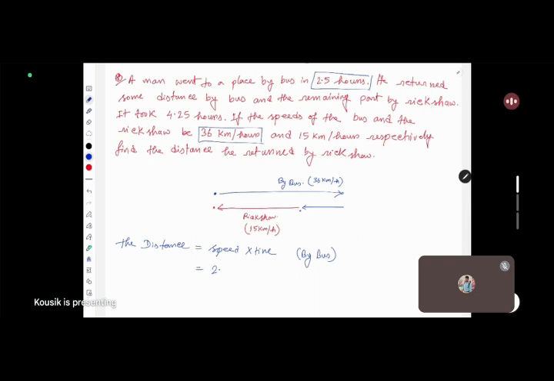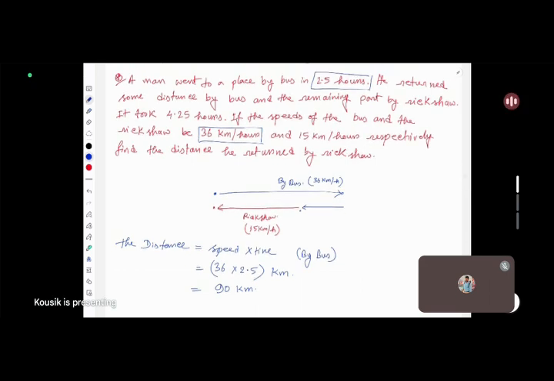So 36 into 2.5, that is in kilometer. So what is the distance? It comes out 90 kilometer. So distance is 90 kilometer.